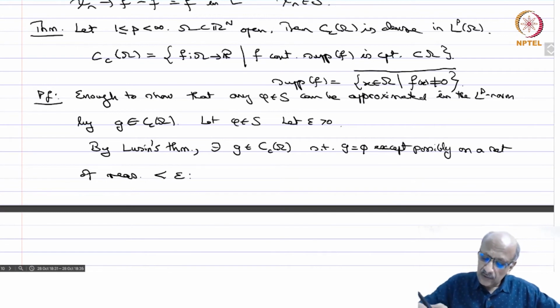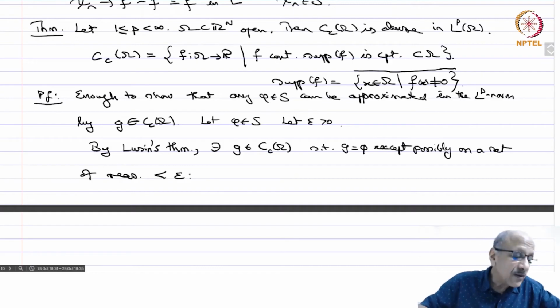So a measurable function in S is almost like a continuous function with compact support. Namely, you can make it equal to a continuous function with compact support, failing only on a set of very small measure.